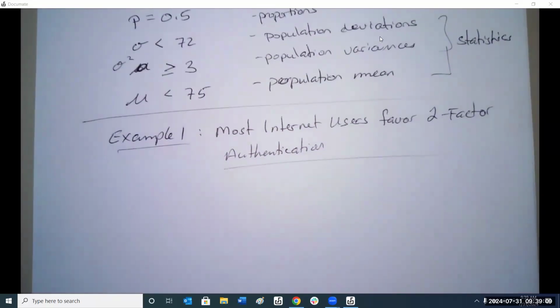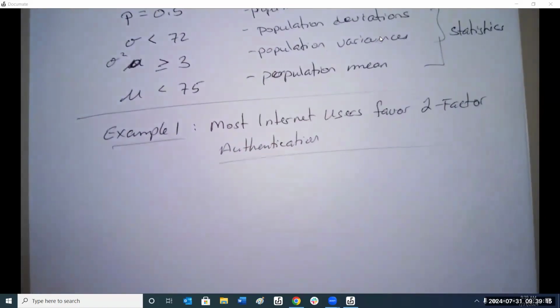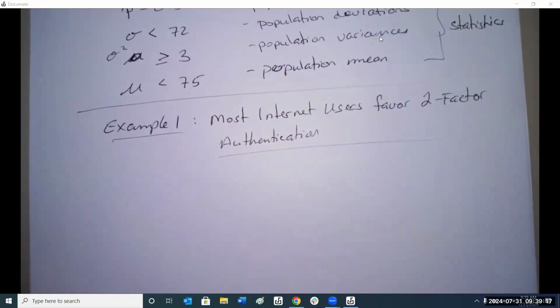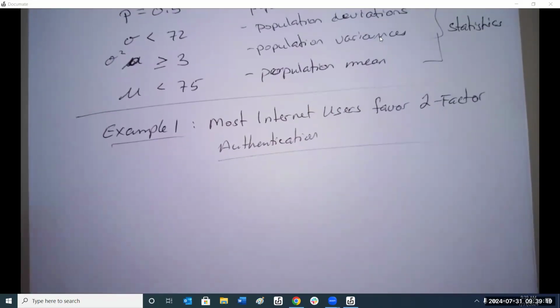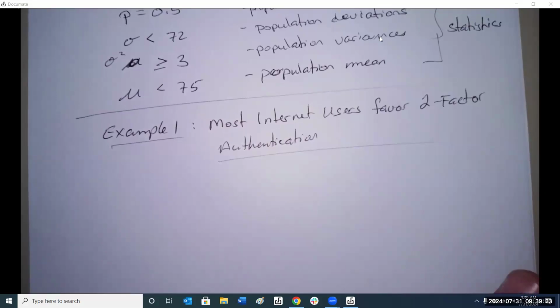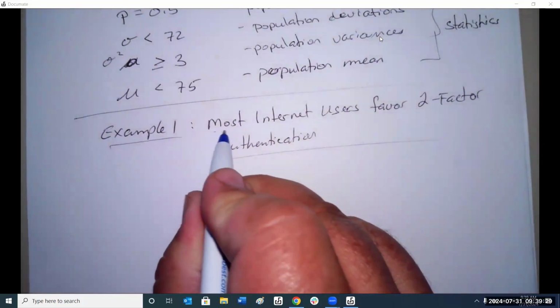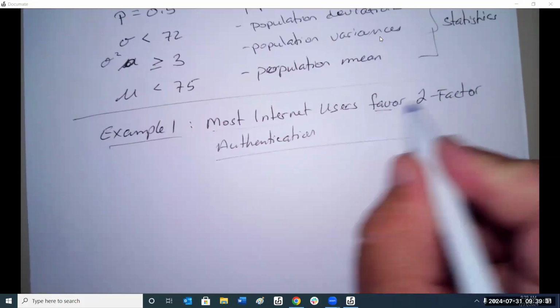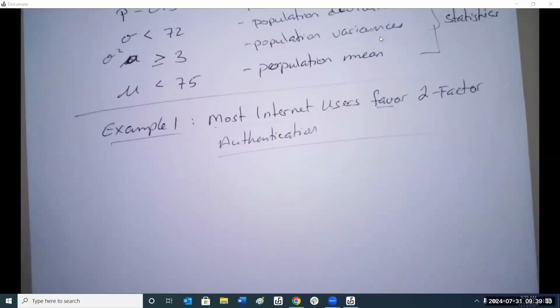Whenever you log on, you have to have your password and then some other code or something like that. So that's what this was about. It's the chapter problem that I didn't read out to you because I can't find it actually. It's claiming that most internet users favor a two-factor authentication.